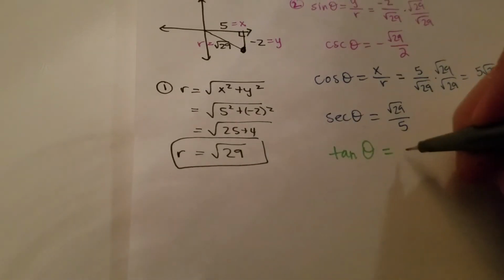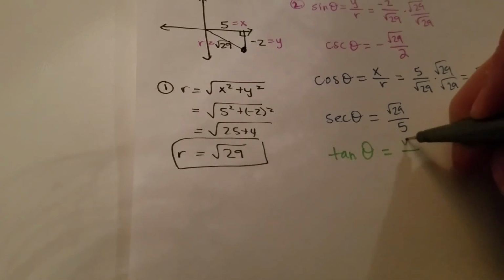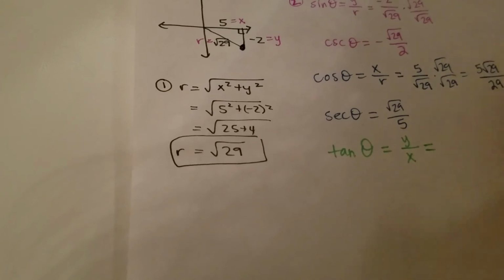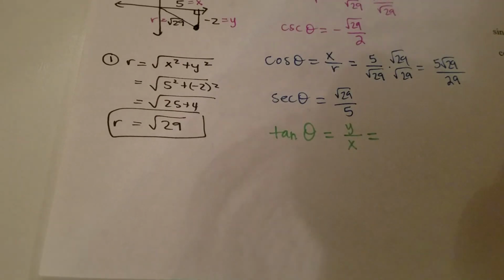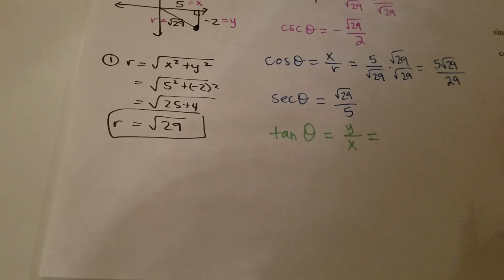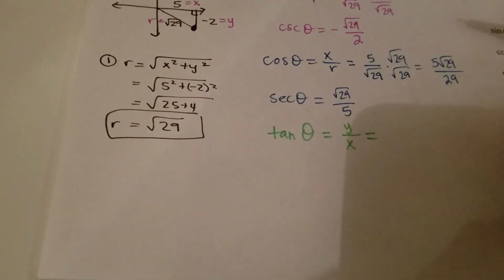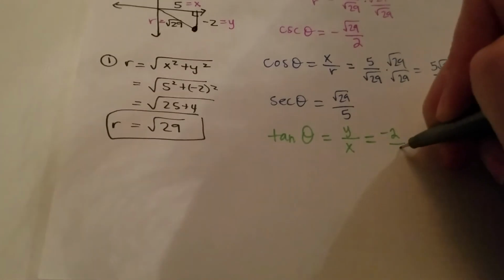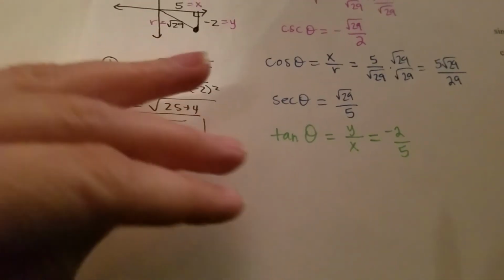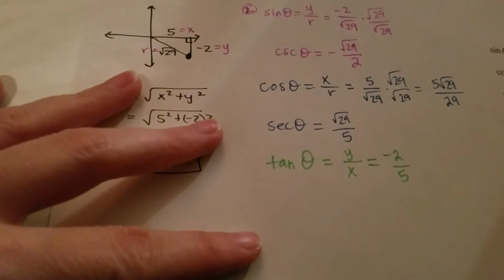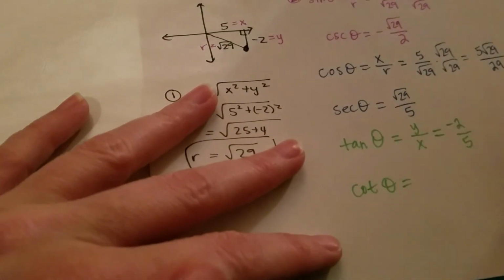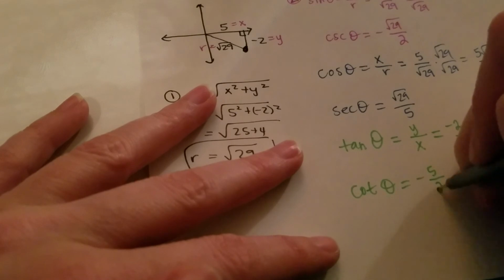The reason why we are relating this to X and Y is we are going to be using the trig functions with coordinates, with your X and Y coordinates and with the radius, which is why we want to start thinking of this in different terms. So we got -2/5, and then the cotangent is -5/2.